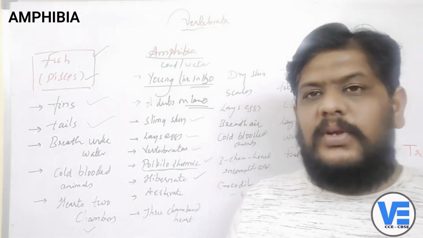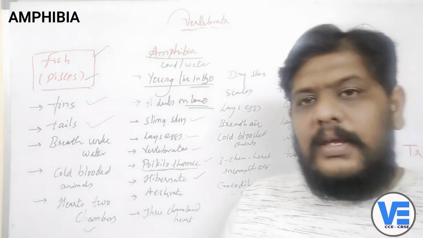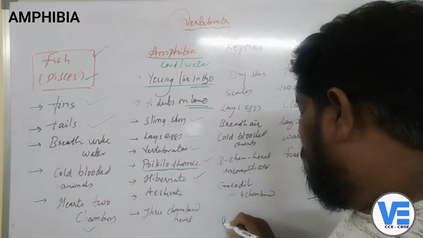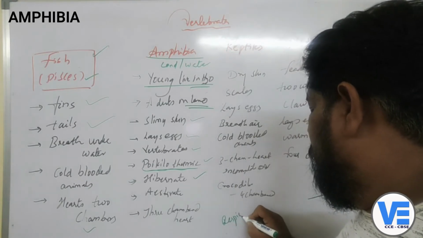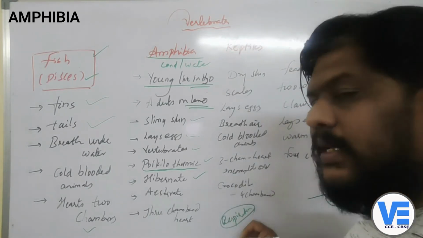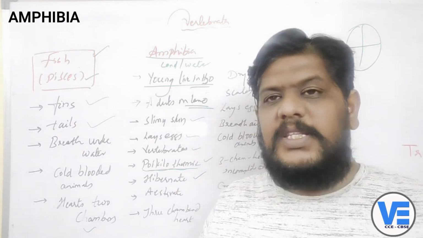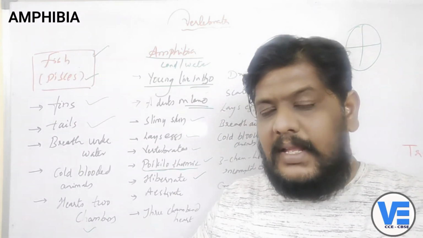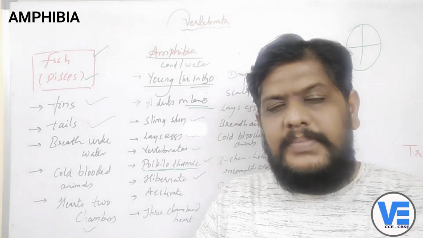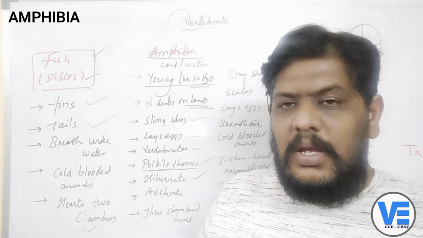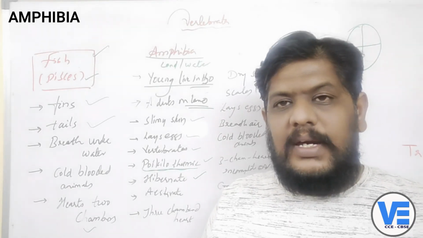At this time, frogs use the skin for respiration. As the frogs are using the skin for respiration, that particular skin should be absolutely moist, right? It should retain water.